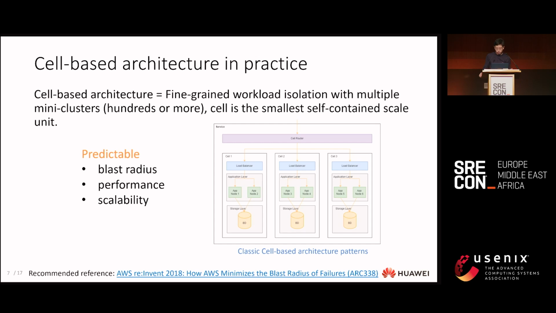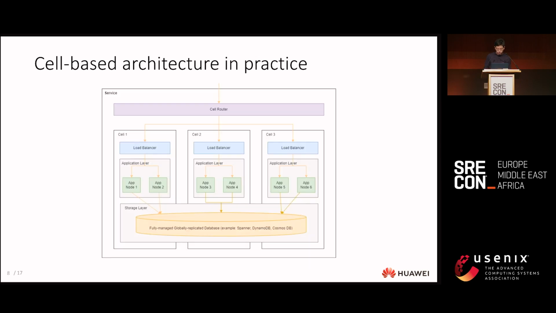This is the ideal situation, but in practice it may be more complicated, especially for stateful applications. Data synchronization is the most challenging part to deal with. That's why in practice we may have to focus on the stateless layer. For complex services, you may have multiple layers.